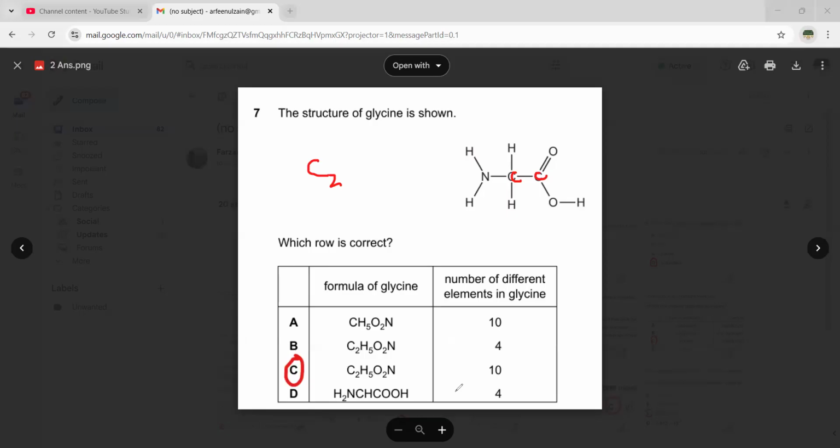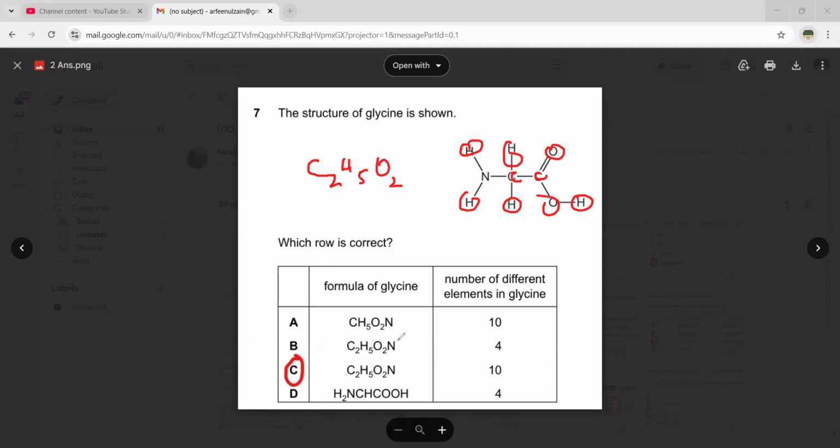How many hydrogen atoms are there? 1, 2, 3, 4, 5. So C2H5. How many oxygen atoms are there? There are two oxygen atoms, 1 and 2.